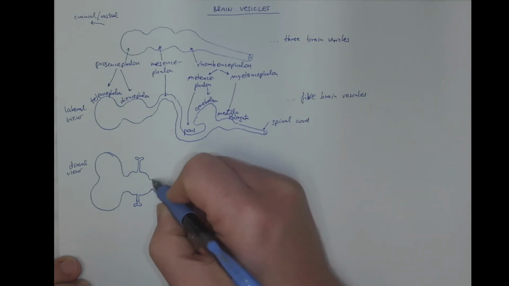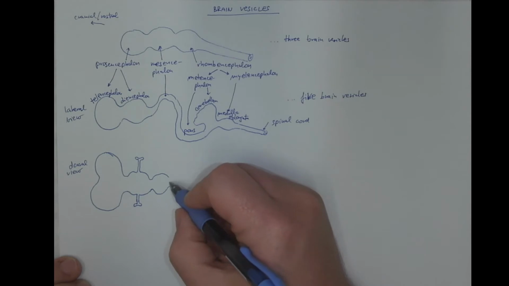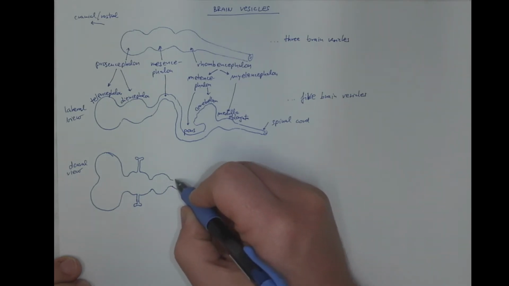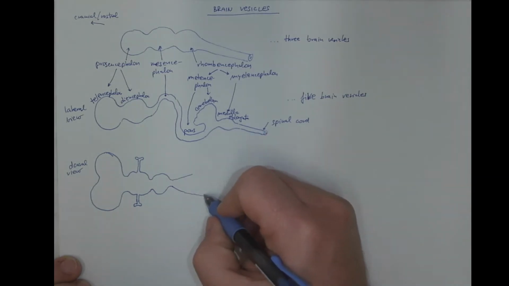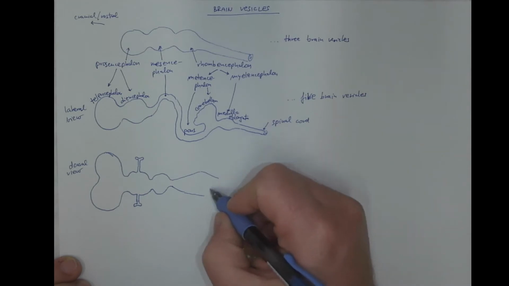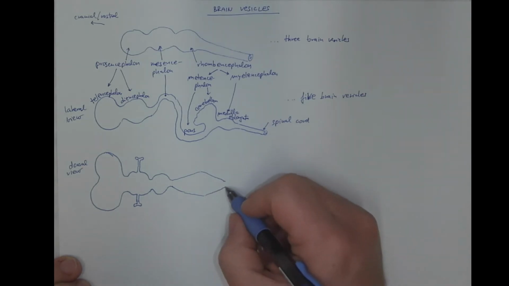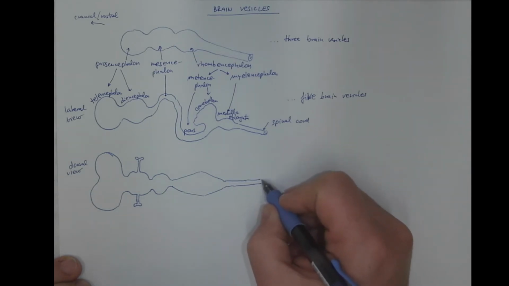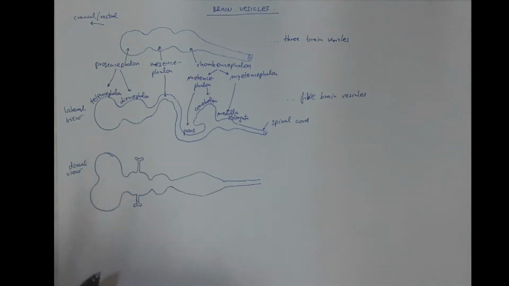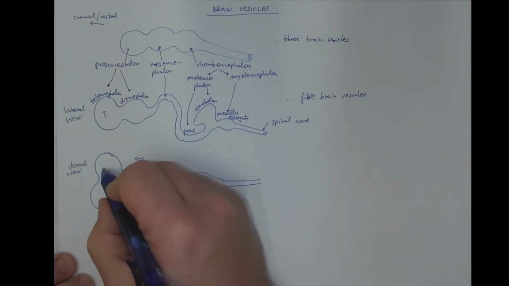Then we have the mesencephalon with the aqueduct, and the structures derived from the rhombencephalon, named after this rhombic shape of the future fourth brain ventricle, and the oblongata and the spinal cord.